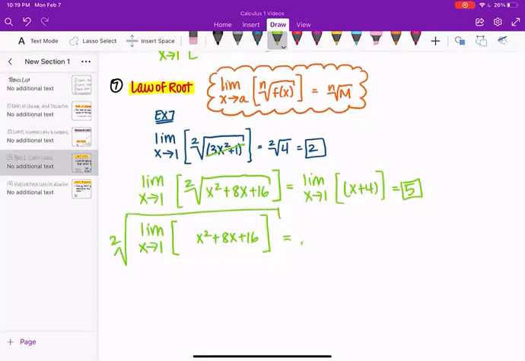So let's try that. The limit as x approaches 1 of that function is, this is continuous, so we can plug 1 straight in. So we have 1 plus 8 plus 16 equals 25. So I basically have the square root of 25, which is 5.